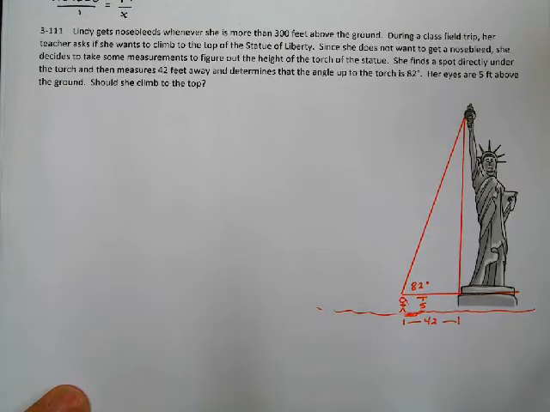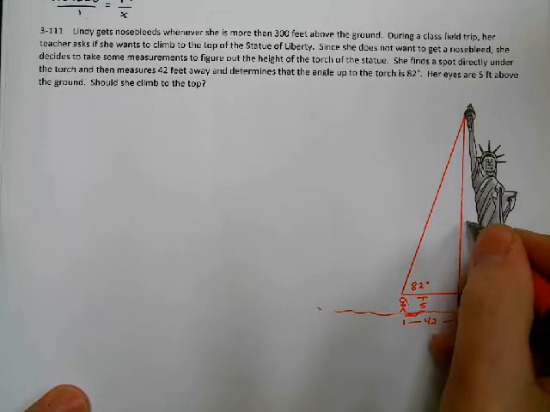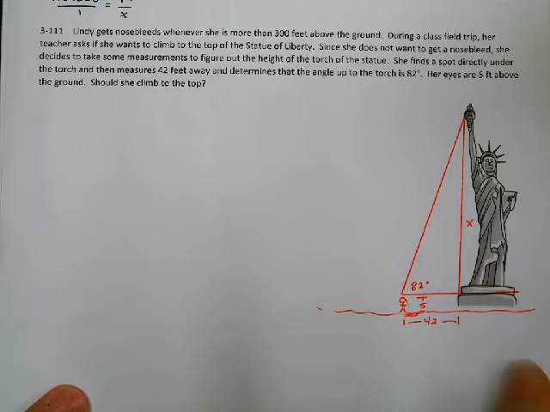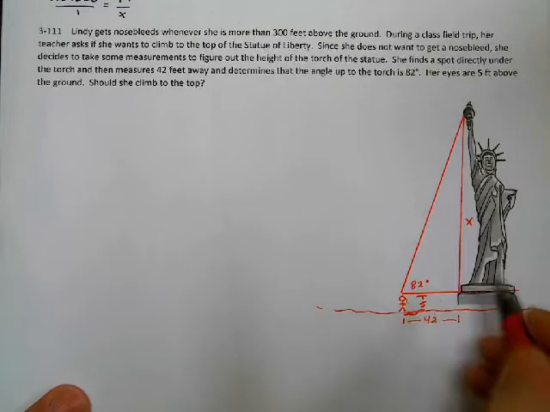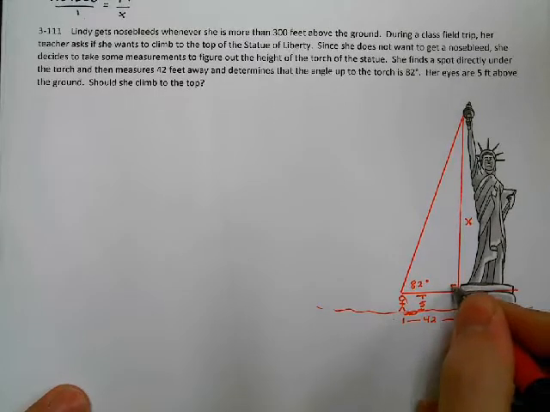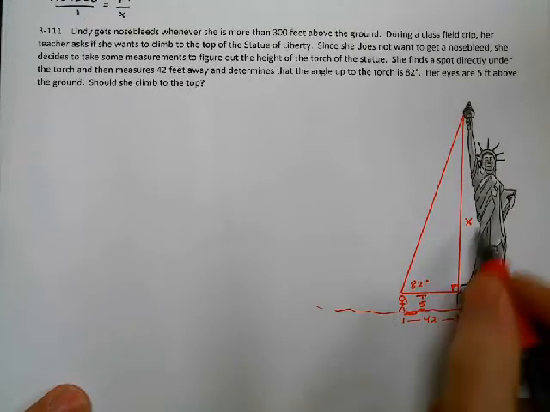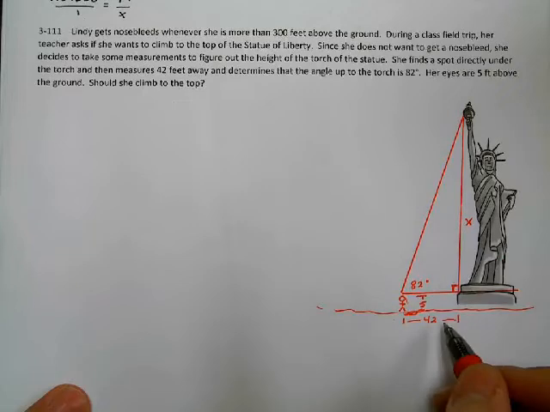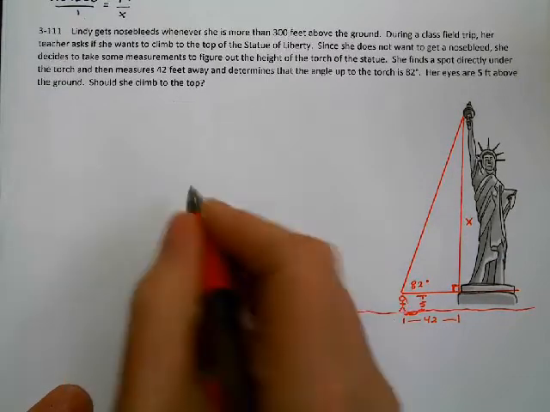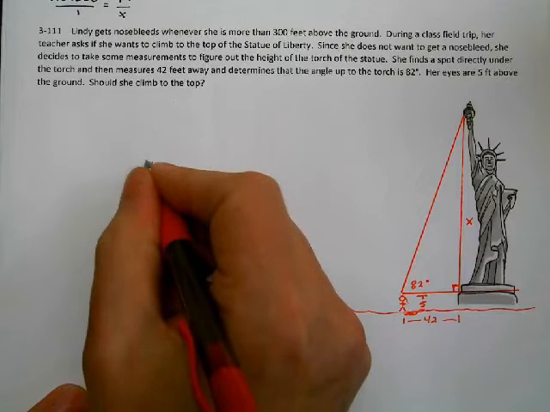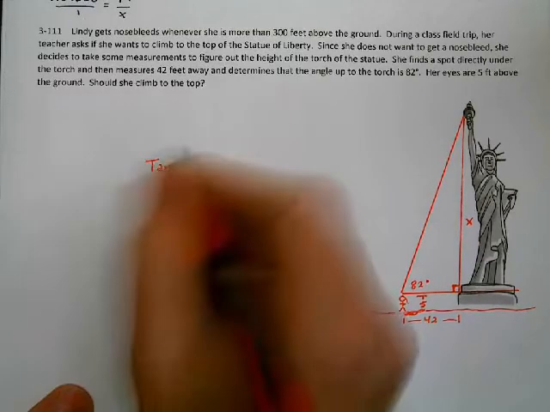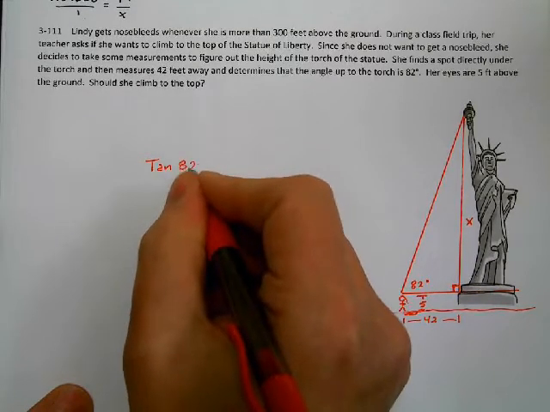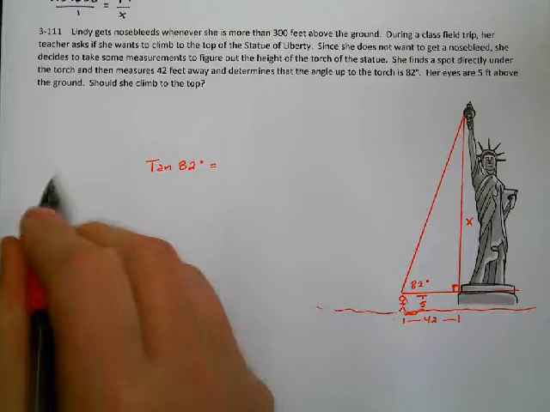All right, so we want to find out our height here of x. So now we've got an 82 degree angle of reference. We're going to assume that she was perpendicular right here. The opposite is x, and the adjacent leg down here is 42. So we're going to say the tangent of 82 degrees is equal to x over 42.